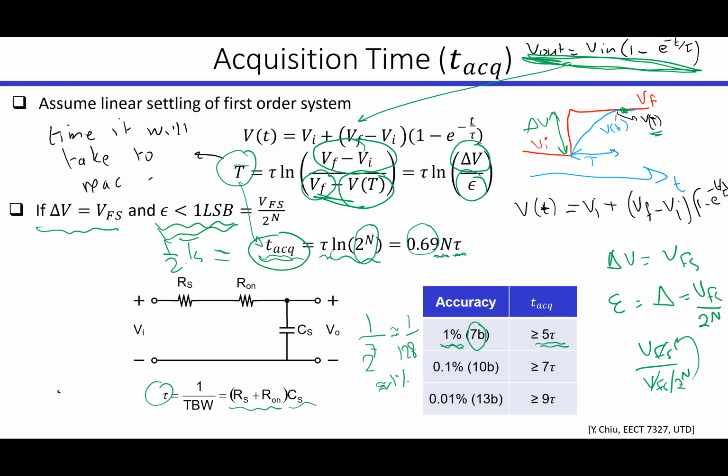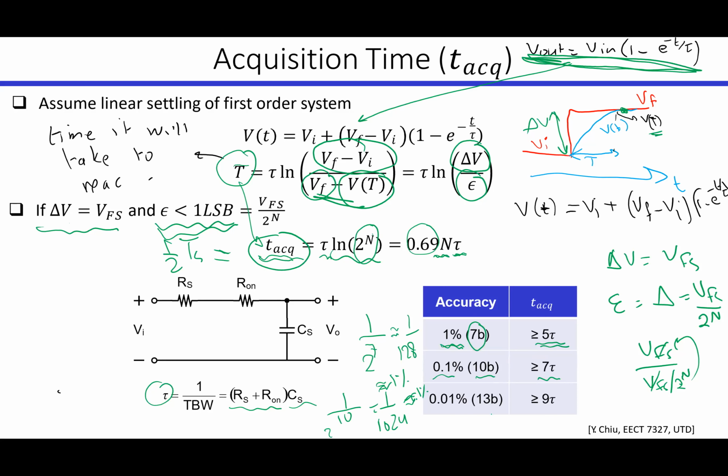Now, if you go for a higher resolution, 10 bits, which means 1 over 2 to the power 10, which is almost 1 over 1024, this is almost equal to 0.1% accuracy. And this requires a 7 tau.